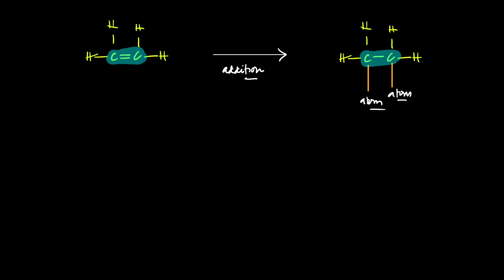Now, every reaction of alkenes happens at this functional group site. It is the weak point. In fact, that is what makes it less stable. Basically, this is the unstable or reactive part of an alkene.